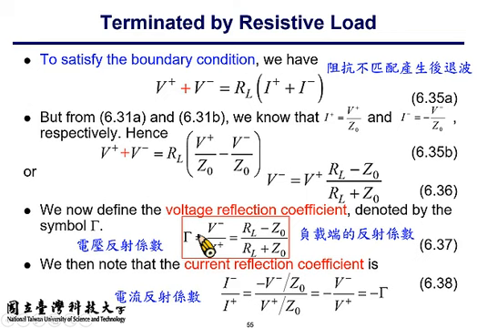It is defined as V minus over V plus, the reflected voltage over the incident voltage, and it equals RL, the load resistor, minus Z sub 0, over RL plus Z sub 0.